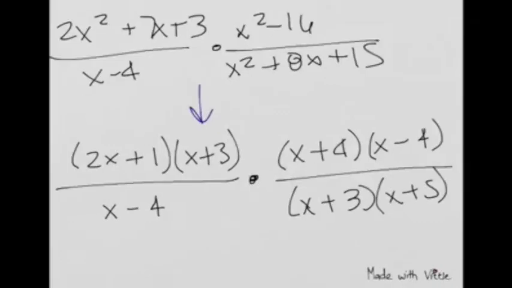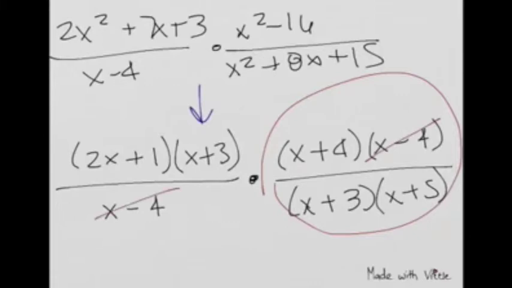Now we can cross off common factors, but you have to make sure that it's not within the same problem. It has to be from either one, so like x minus 4 and x minus 4, and x plus 3 and x plus 3, like that.